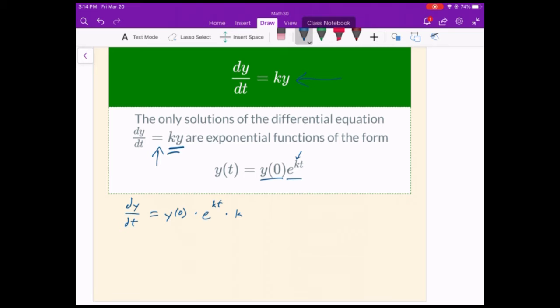So what I'm interested in, does this look like ky? Well, it kind of does.